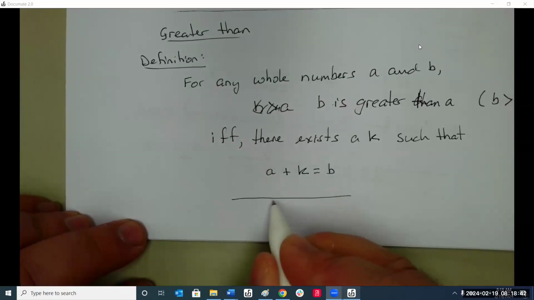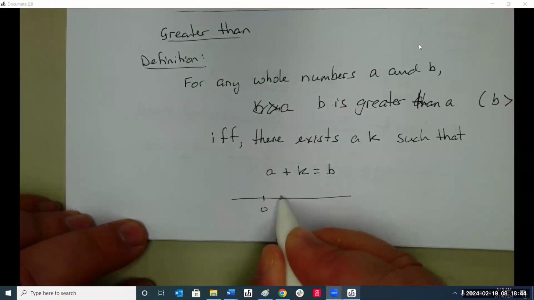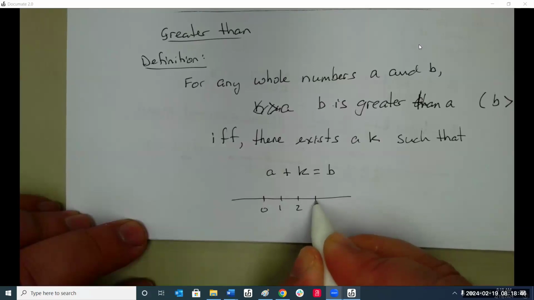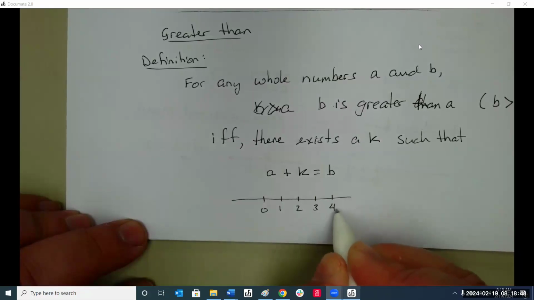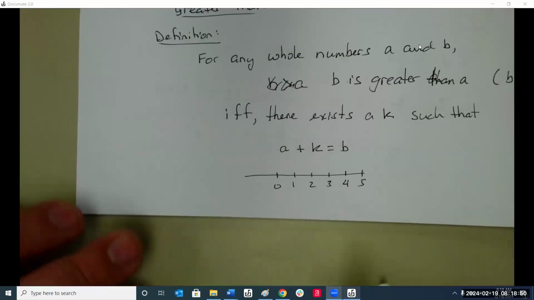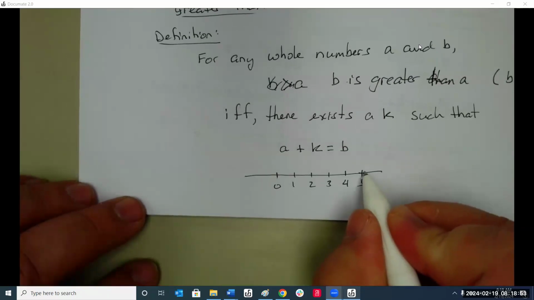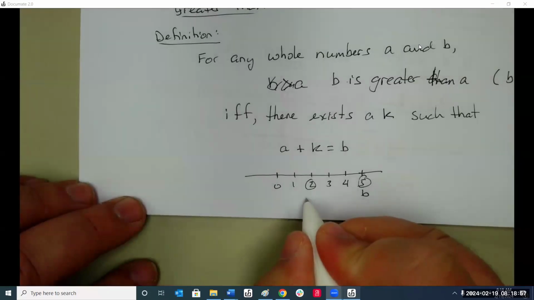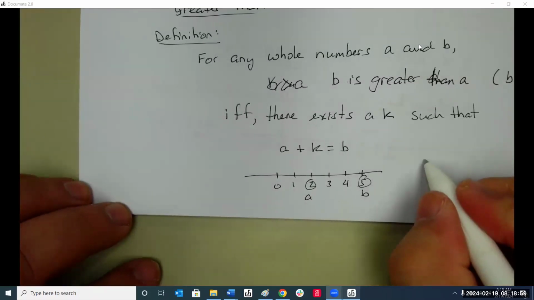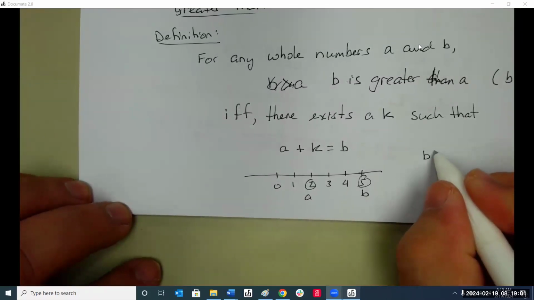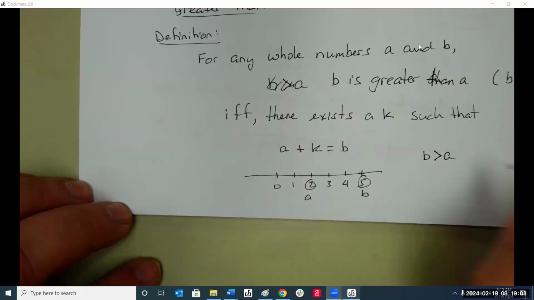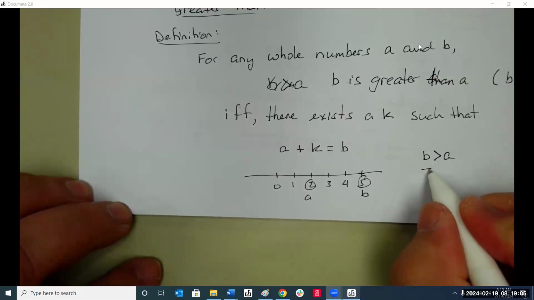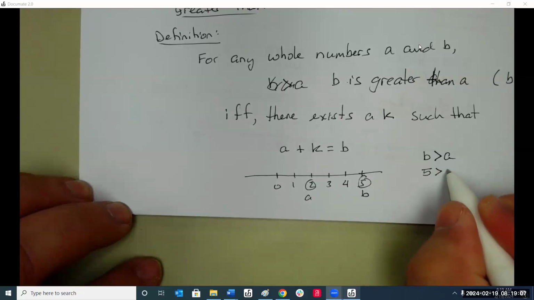So here on the number line, I'm saying B is 5, A is 2. Is B greater than A? In other words, is 5 greater than 2?